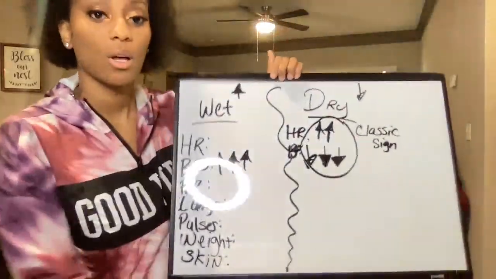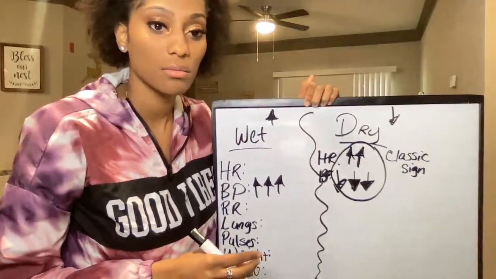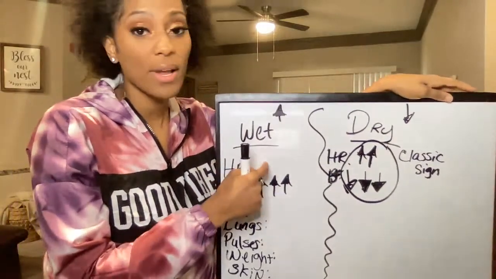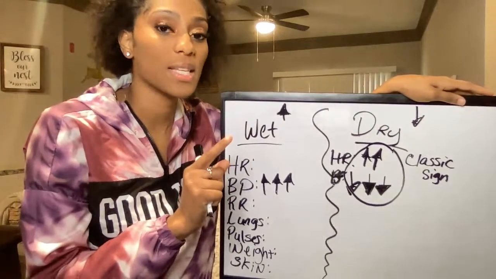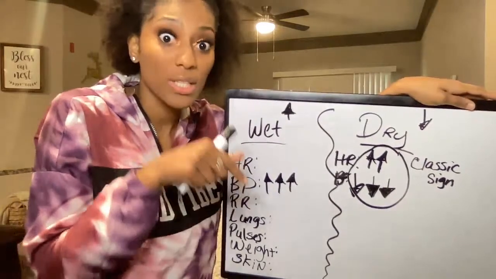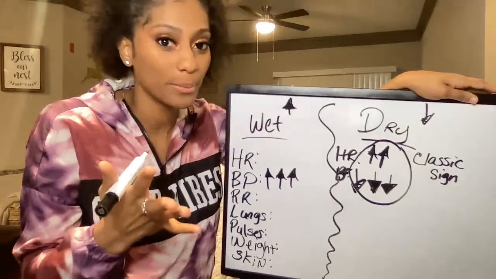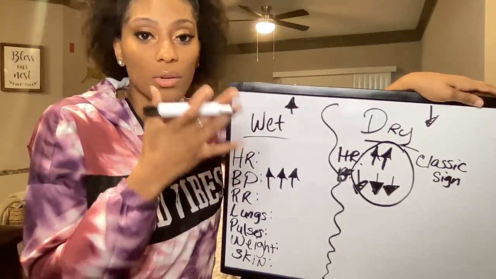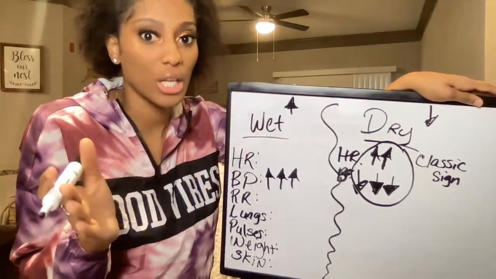Okay, hopefully you guys can see. All right. So the heart rate on this side is going to be low, but it's not going to be bradycardia, which is a decrease in your heart rate that is a problem, if that makes sense. Typically the heart rate ranges from 50 to 90, so it'd probably be closer to 50, not 30.